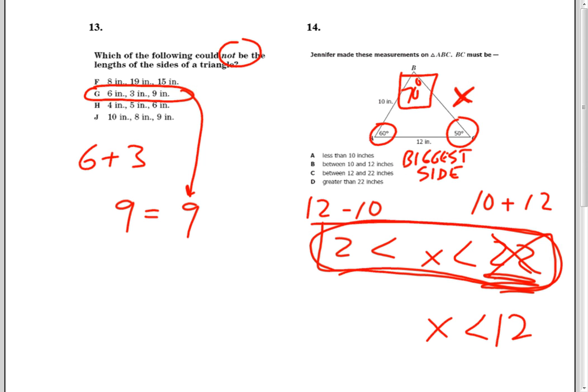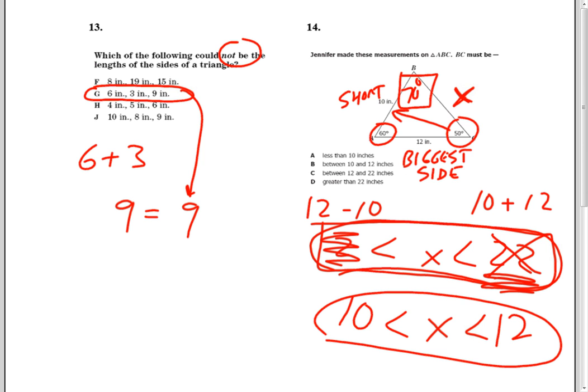What's the smallest side? 10. Short side. So can anything else in the triangle be shorter than 10? So 2 has no meaning. We've reduced a 2 to 22 range down to 10 and 12, which is choice B. So if you've got more information, you can reduce your options and your interval.